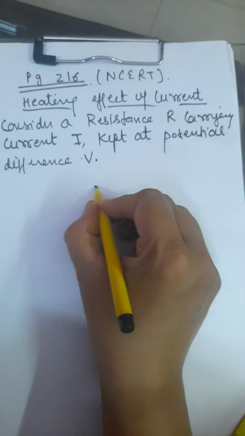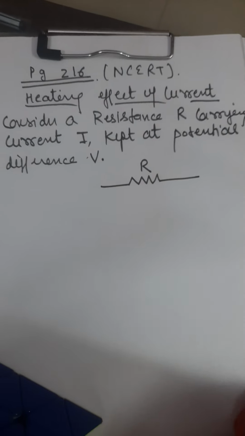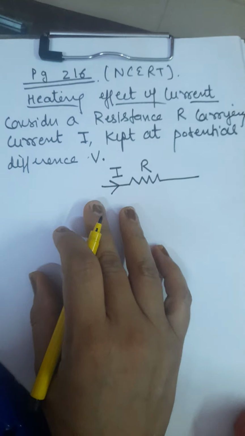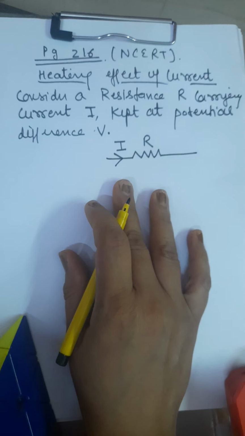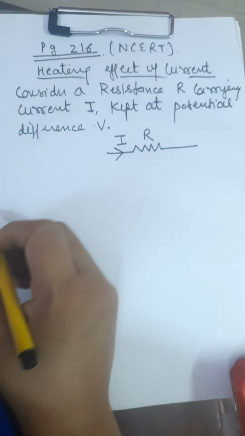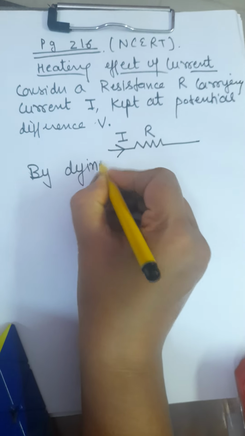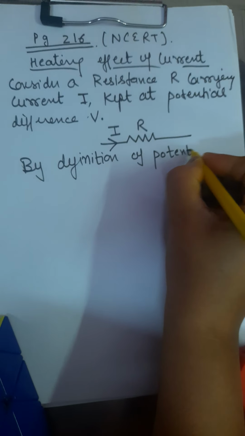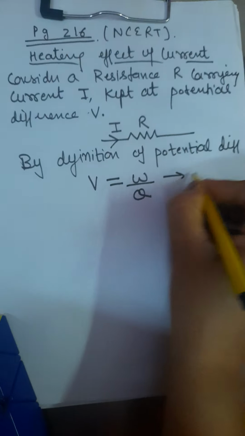So when I take a resistance, this is resistance of a conductor, and when I allow current to pass through it, some potential difference is there. So how much work is done on this? Let us calculate that. You know, children, by definition of potential difference, we write V is equal to W by Q.